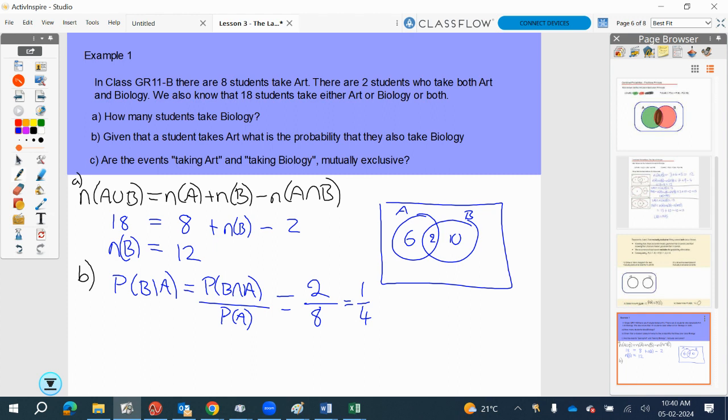C: are the events taking art and taking biology mutually exclusive? How do we answer this question? No. You have to give a reason. You're not going to get any question where you just say yes or no. For this type of question, you always must supply a reason. So what would a suitable reason be? Ella.